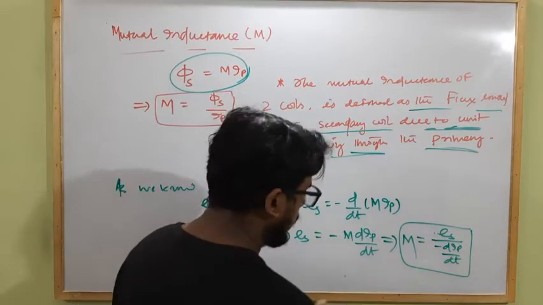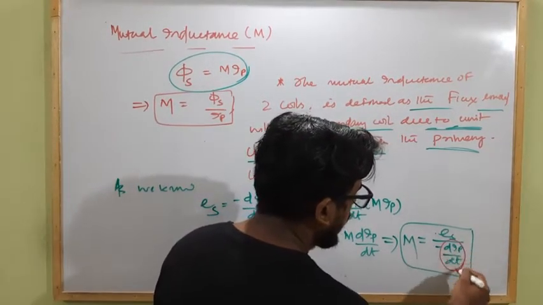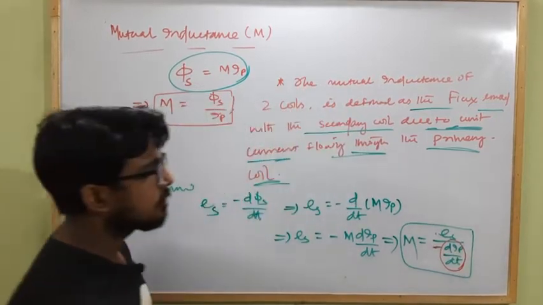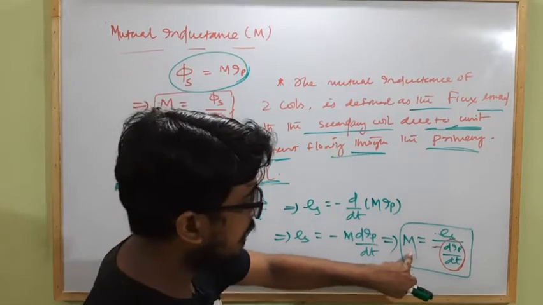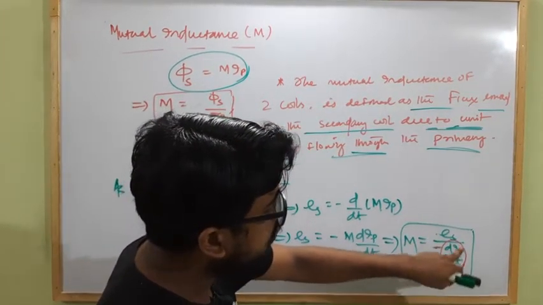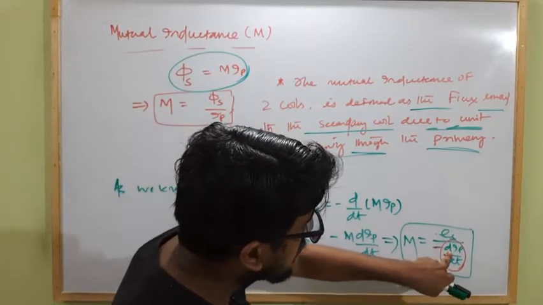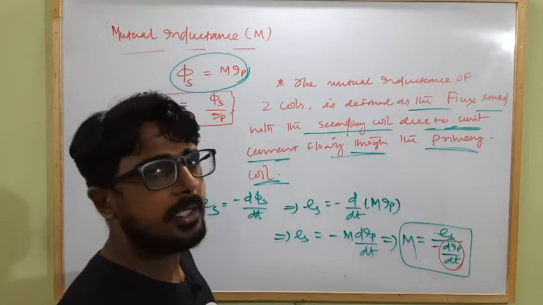Minus dI by dt means what? dI by dt is the change in current in the primary coil, and negative means the decrease. So mutual inductance can be defined as the induced EMF produced in the secondary coil due to unit rate of decrease in current in the primary coil.